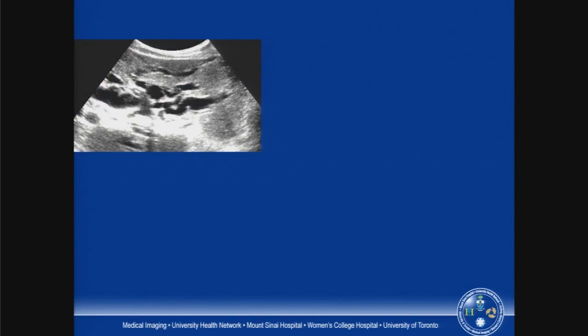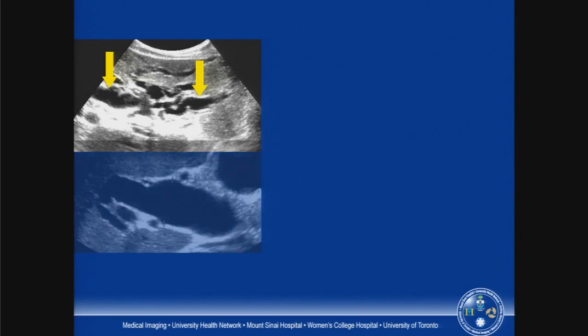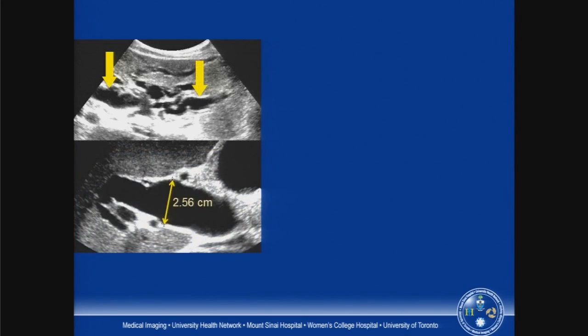Ultrasound is highly sensitive to detect biliary dilation, as in this case, and then you must follow the ducts distally. Do the segmental ducts communicate, as they did in this case, where we see a markedly dilated common duct, but your job still isn't finished.